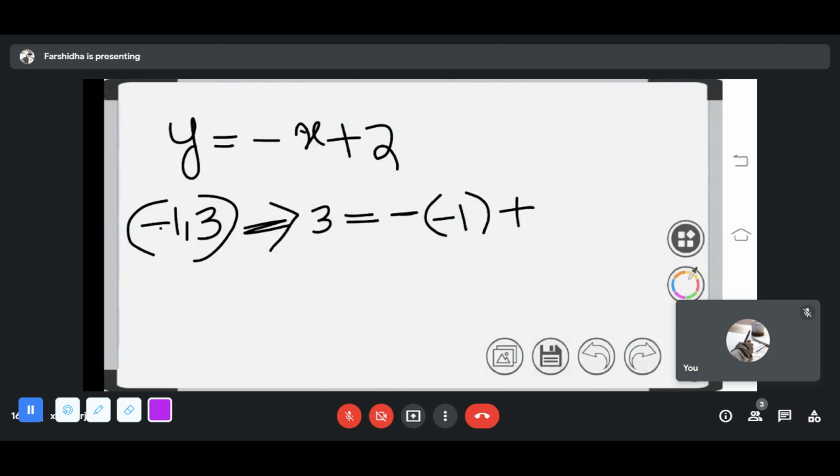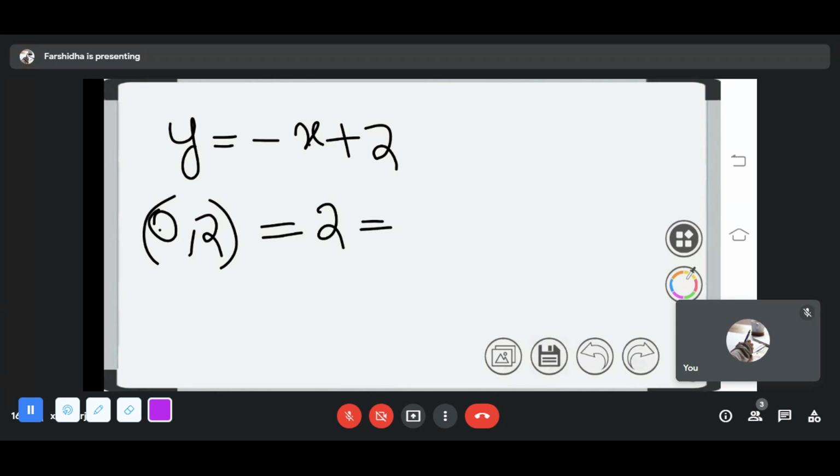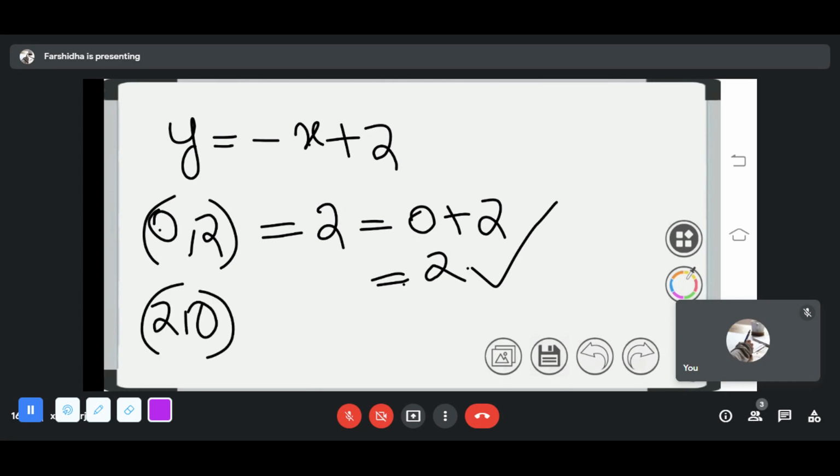0, 2. Check this one. Put y equal to 2, x is equal to 0. 0 plus 2. Is it satisfying? 2 equal to 2, yes. Check the next one, 2 and 0.